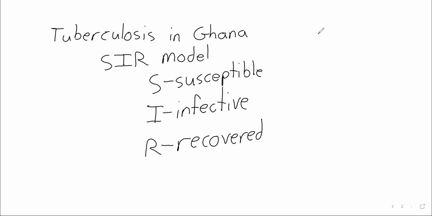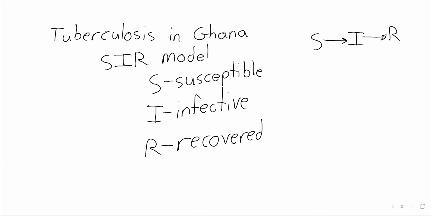So the classic SIR model says that people transition like this. They go from susceptible to being infected to being removed.